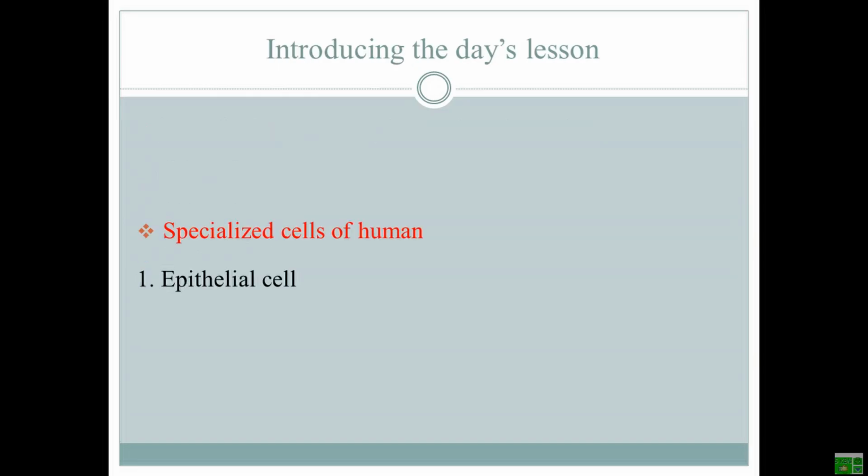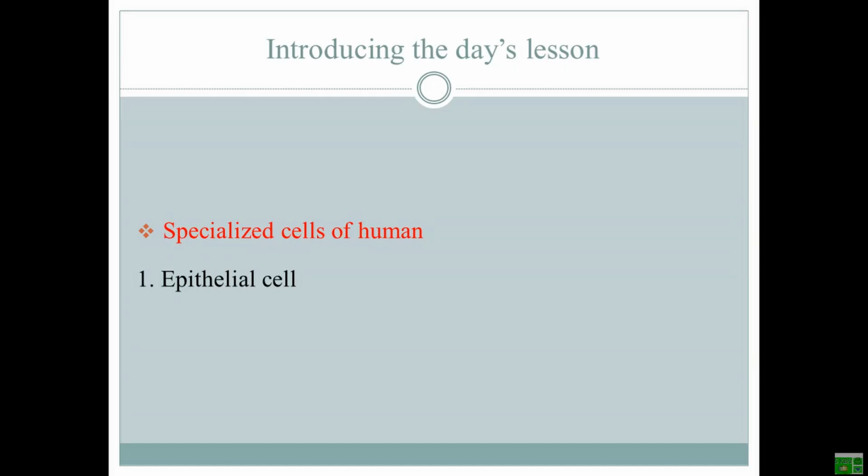But in today's lesson we are going to discuss a new topic, cell specialization, or specialized cells of humans. There are four main known specialized cells or differentiated cells. The first one is the epithelial cell.